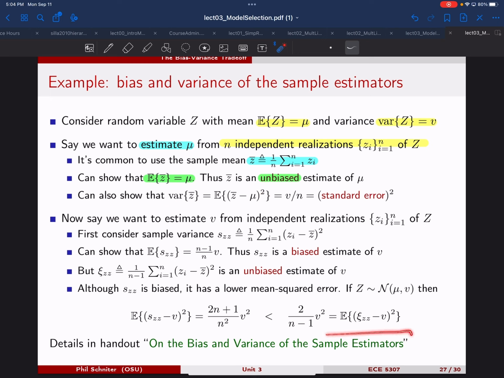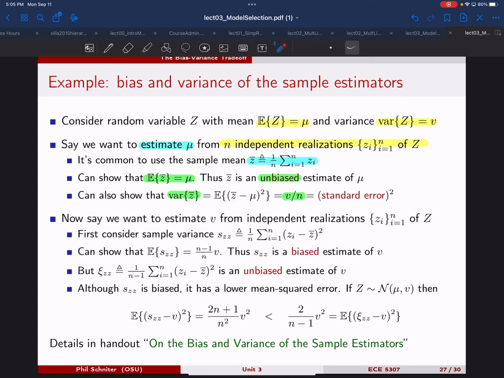It's not too difficult to prove this, and in this handout you can prove that the variance of z bar is V over N. So here we see that as the number of samples N grows, your z bar gets better and better. It gets closer and closer to its mean, which is perfect.